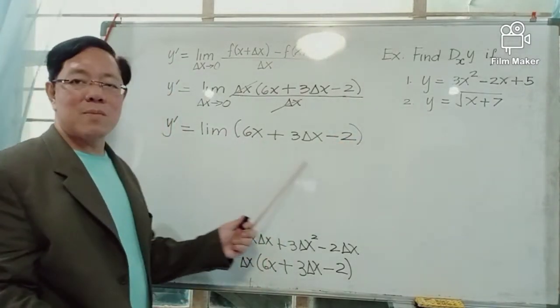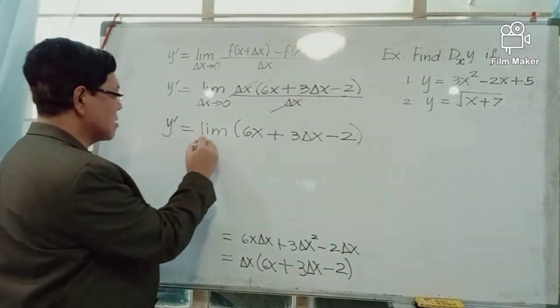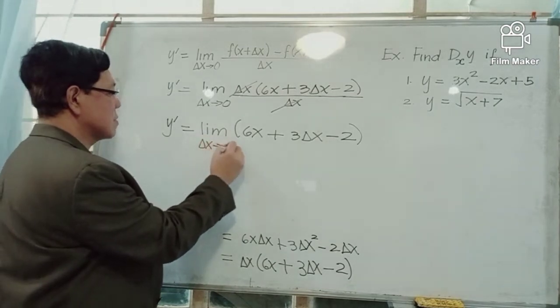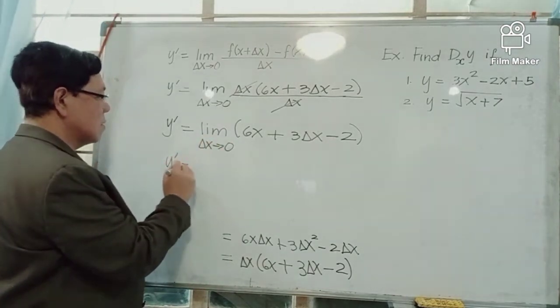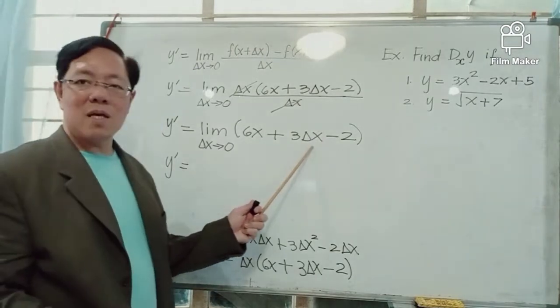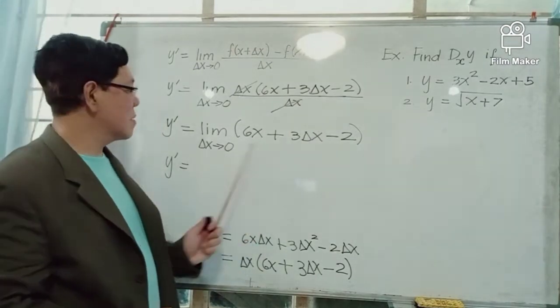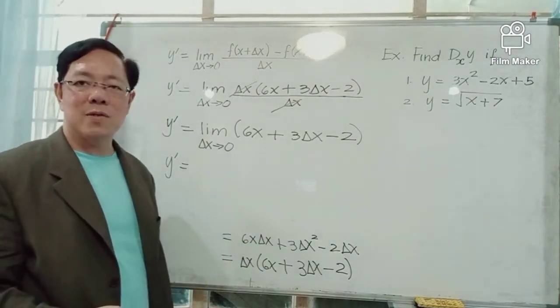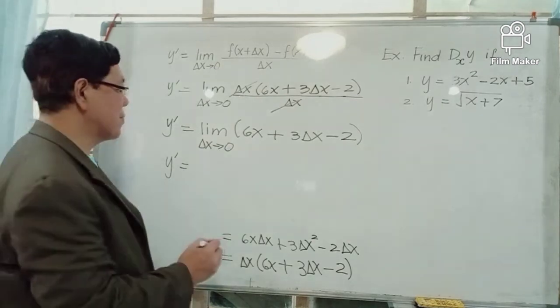And we get the limit of this as delta x approaches 0 by replacing delta x with 0. That is by using a limit theorem.